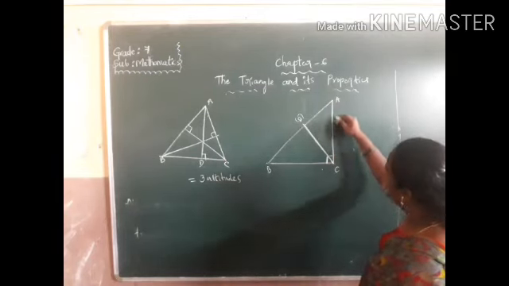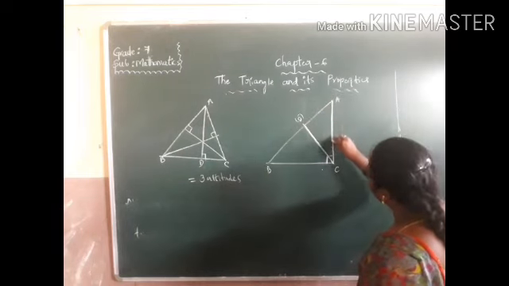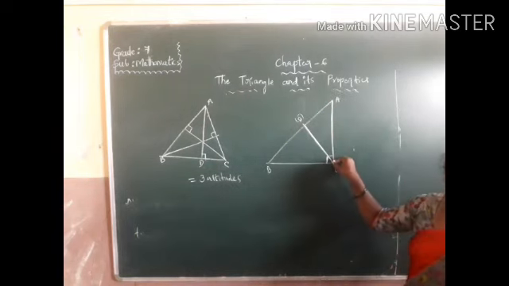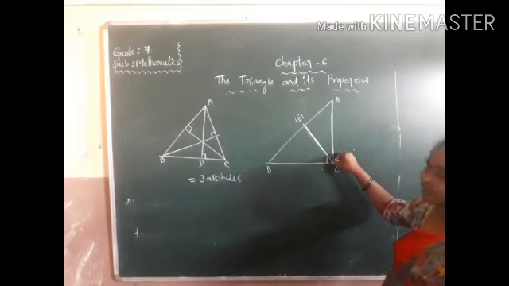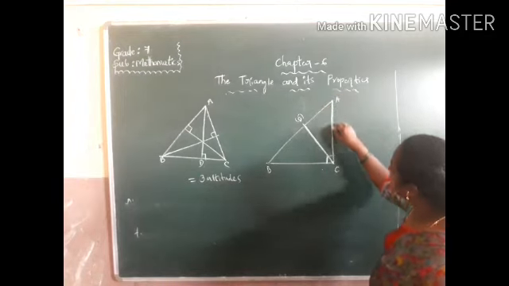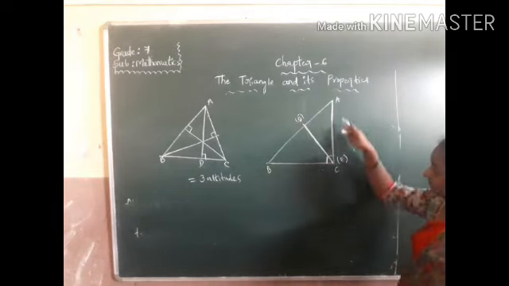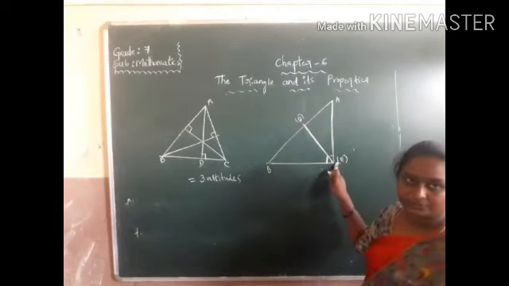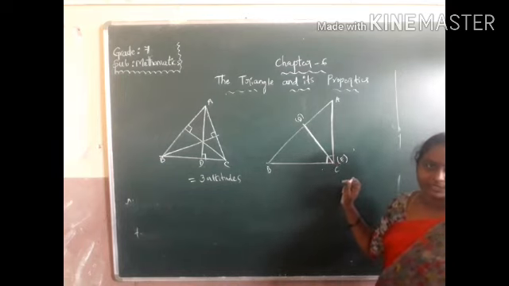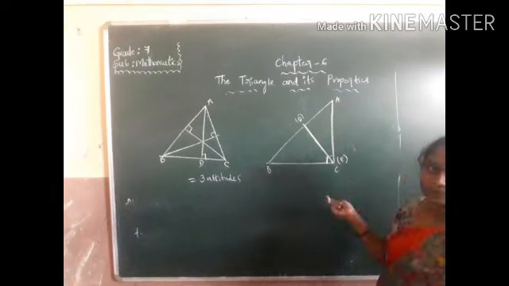So what about vertex A? Vertex A, what is the altitude to the opposite side? Here from A to E, it is the altitude itself only. So it is having itself only.